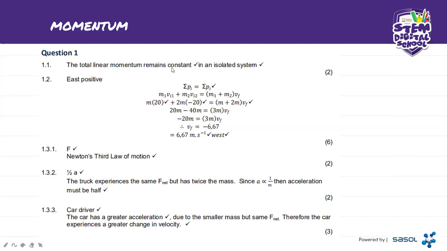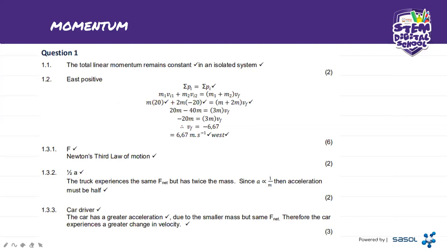The sum of the momentum, basically this is the resultant momentum. The sum of the total momentum of the one object is equal to the sum of the momentum of the second object, okay? In this case, this one here is going to be the small car and this one is going to be the truck, okay?